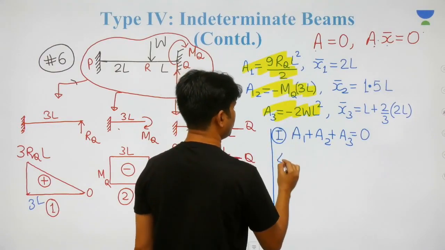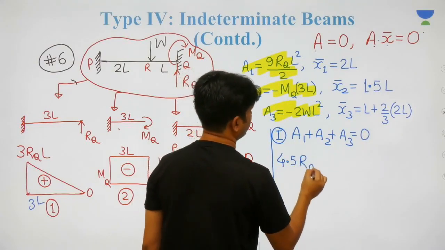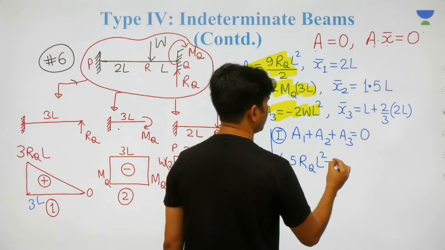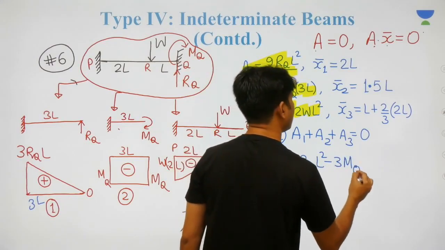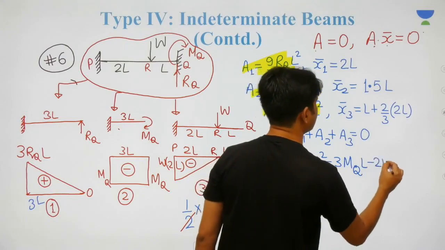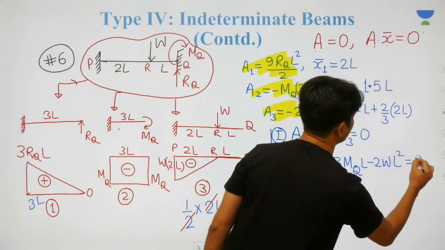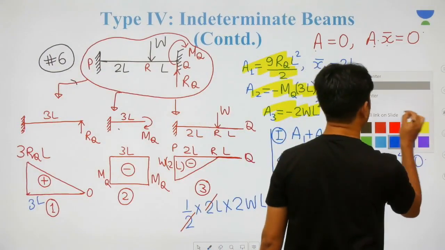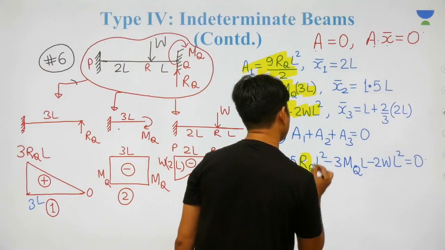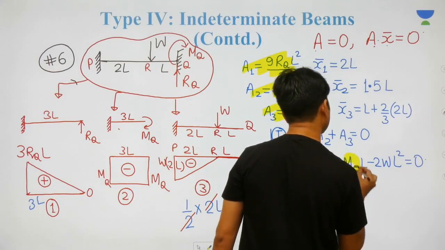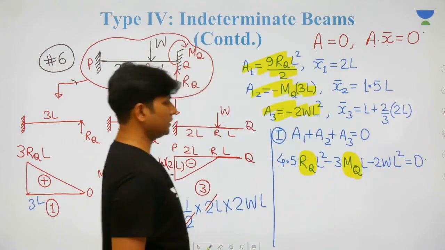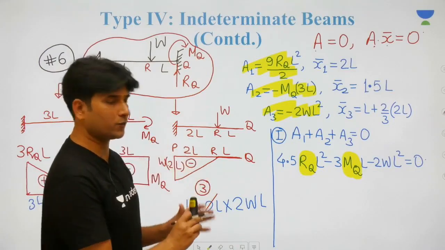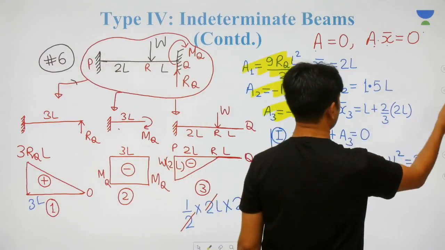This is 4.5 RQL square minus 3MQL minus 2WL square is equal to 0. So effectively we get one equation in RQ and MQ. Two unknowns are there and we want to solve these two unknowns. So we get one equation out there. Now let us use the second condition.